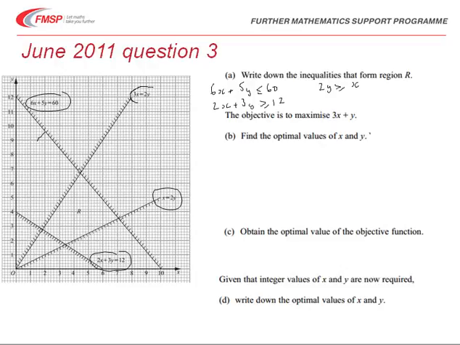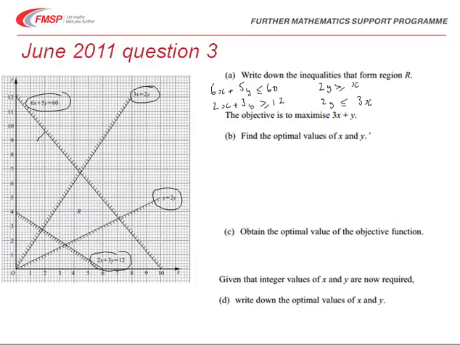And finally this line here where we've got 3x is equal to 2y, and we're below that line, so this time 2y is less than or equal to 3x.